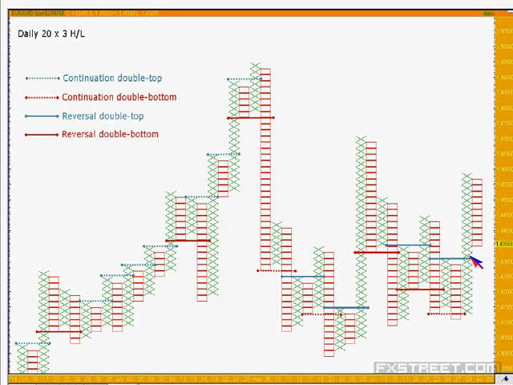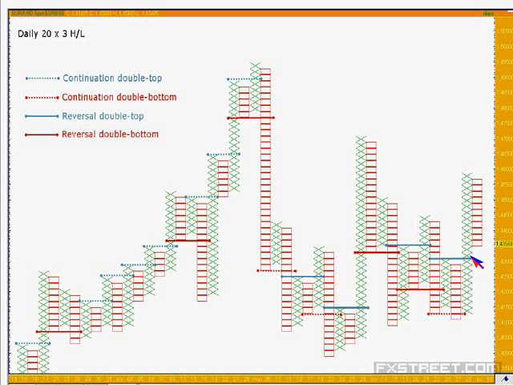I'm asked how to draw point and figure on MT4. Well, as far as I know, you need a plugin in order to make it work on MetaTrader. It's not a chart construction that comes with the platform.